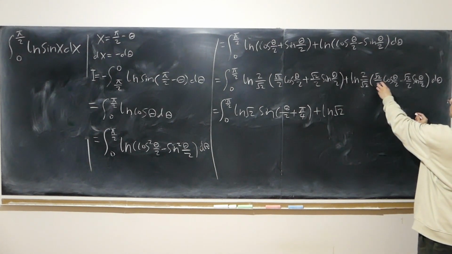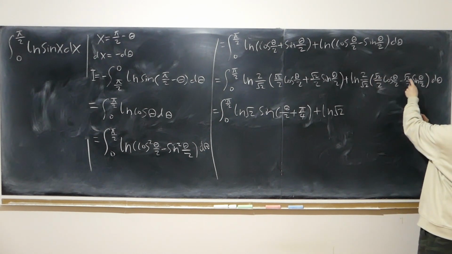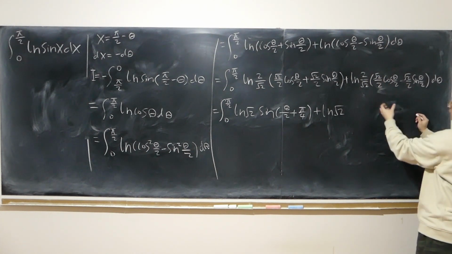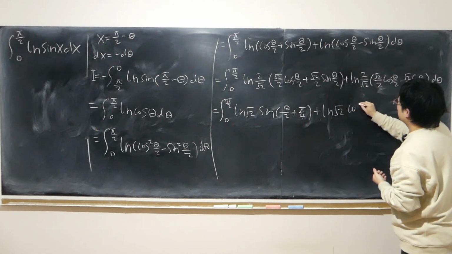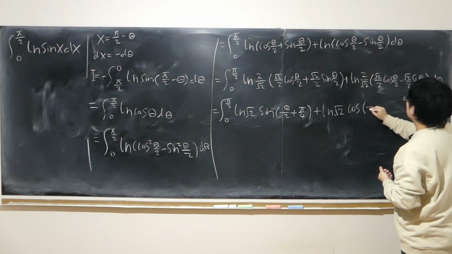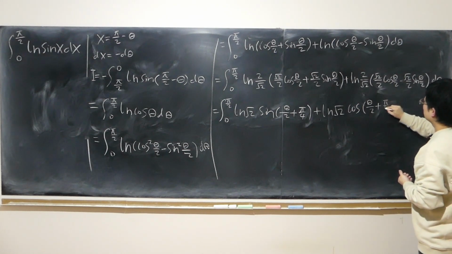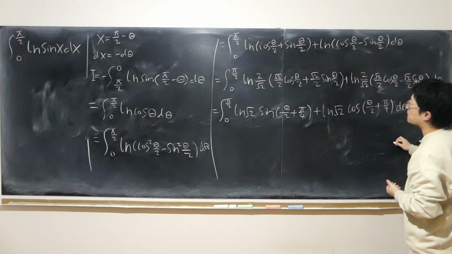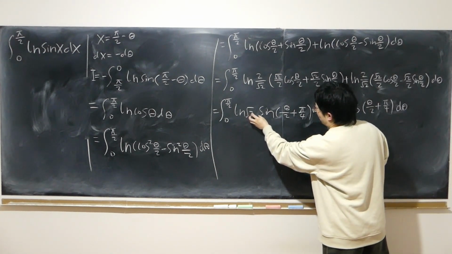So cosine pi over 4, this bit, sine pi over 4, this bit. Cosine, cosine minus sine, sine. So cosine angle sum. Cosine half theta plus pi over 4 d theta.